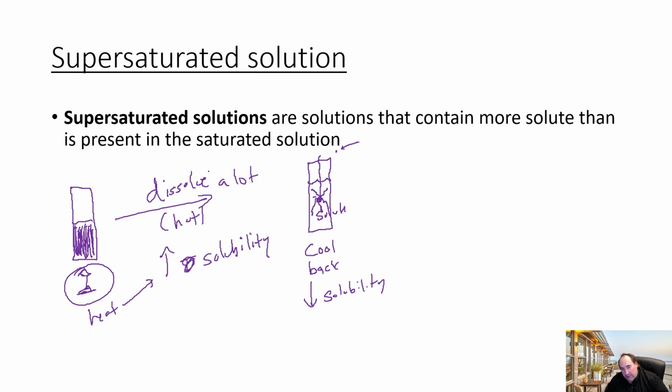And before you know it, all of that solid that's in there will start to come out of solution, and it will go from the liquid state, and the test tube apparently will get bigger, and this thing will be rock hard solid in there, completely solid at that point.